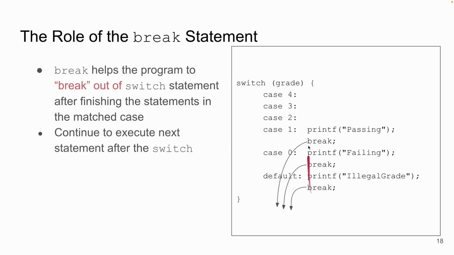If we have the grade of 0 here, it will directly go to case 0, print out the failing message, and then evaluate the break statement. The break statement will let the program jump from this line to the line after the switch statement. So that is why we need to have a break.